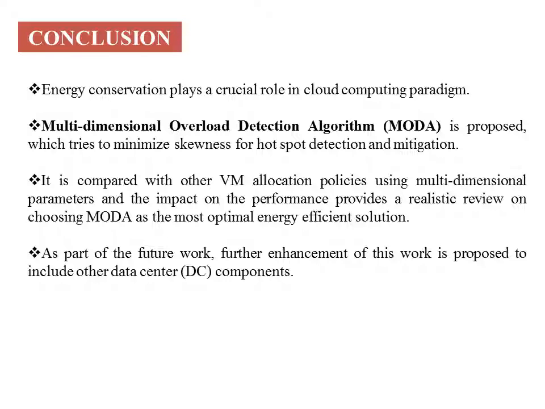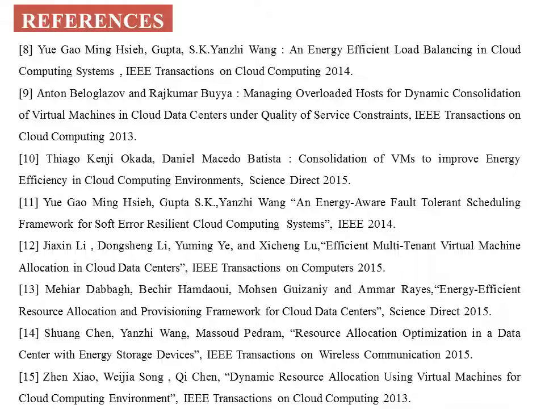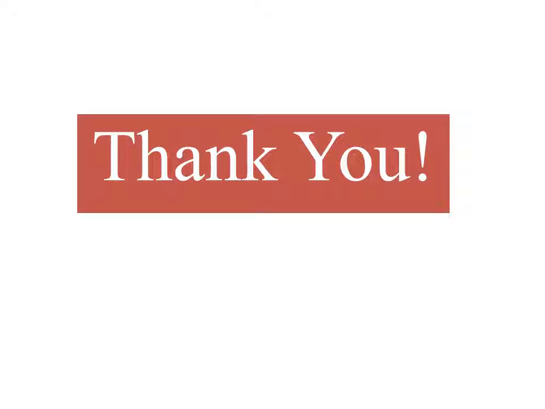And as part of the future work and research, for further enhancement of this project, we are trying to propose to include other data center components as well. And these are the references I went through, and based on these papers and already published proposals available, I concluded this.